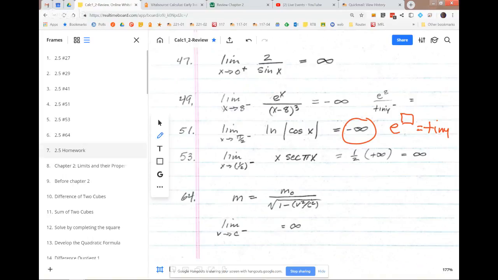Can we try 53 too? Yep. 53 says x is approaching 1/2 from the left, and the expression is x times the secant of pi x.